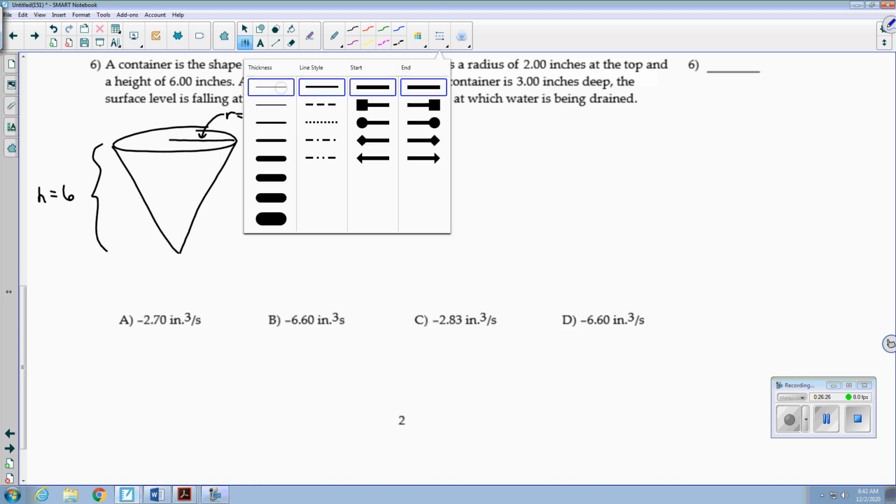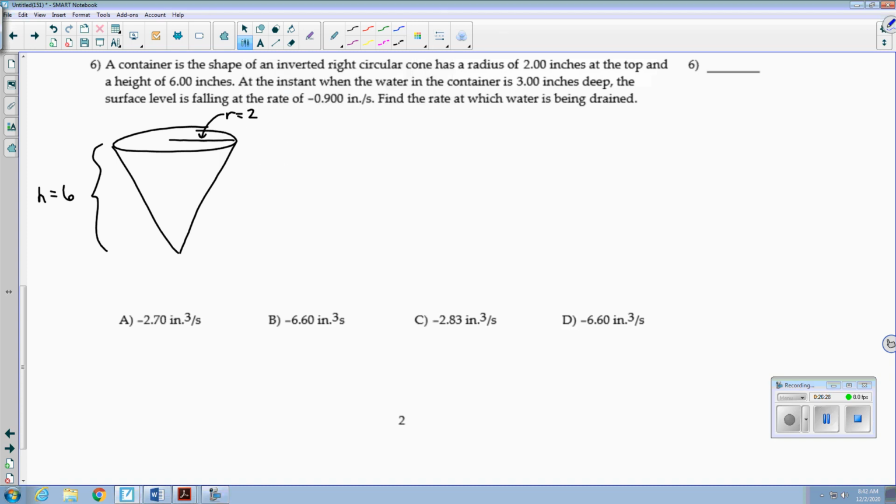We have water in this container, and at this point in time, it's 3 inches deep, so it's halfway up. So I'm going to put H sub W, for height of the water, is 3.